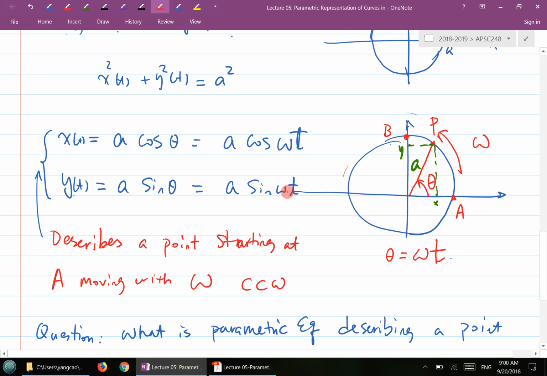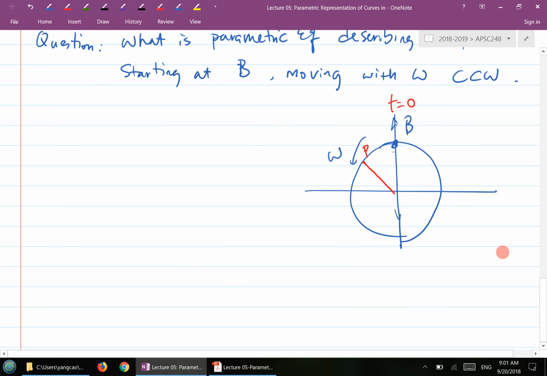Is that good? So starting at the B point, after a certain amount of time, at any arbitrary t moment, we end up at this P point. And what's the angle between the B and the P point? What's this angle here?